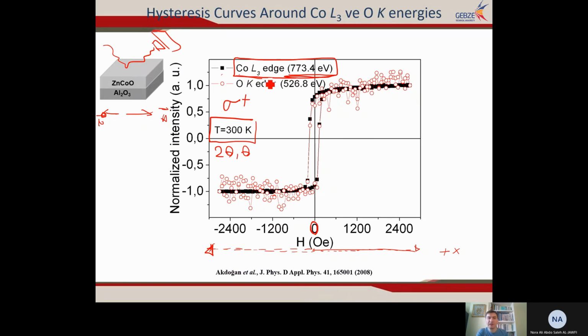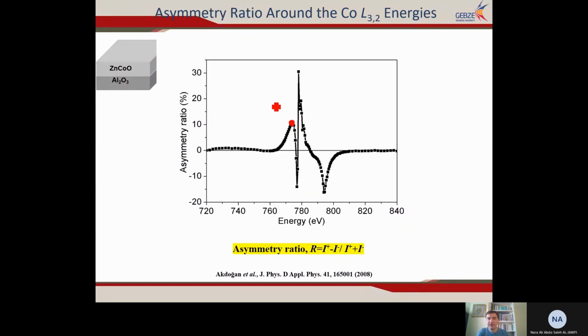Here for the cobalt L3 edge, why did I not choose this 780 electron volt, but why have we chosen this 773 electron volt? Look at the cobalt signal here. You can get the hysteresis curve at this energy. Here you can get the hysteresis.